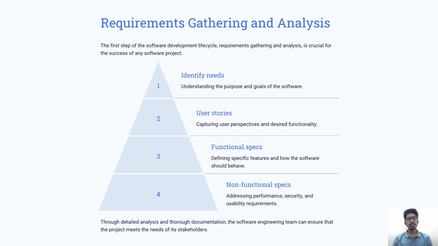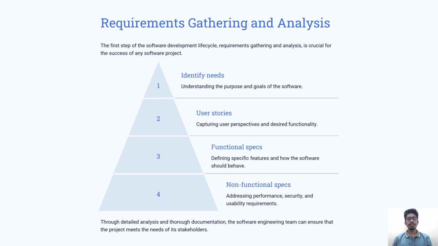Now we'll also know some requirements gathering and analysis step by step. The first step of the software development lifecycle, requirements gathering and analysis, is very crucial for the success of any software project. The first step is identify needs. Understanding the purpose and goals of the software is required.